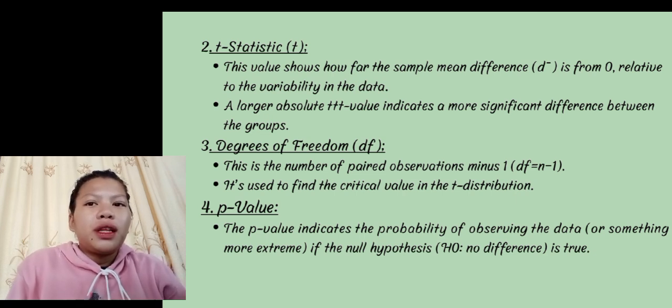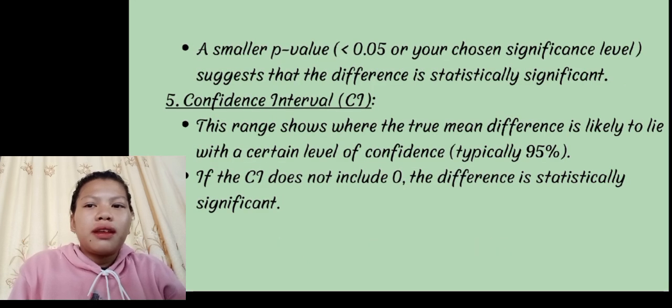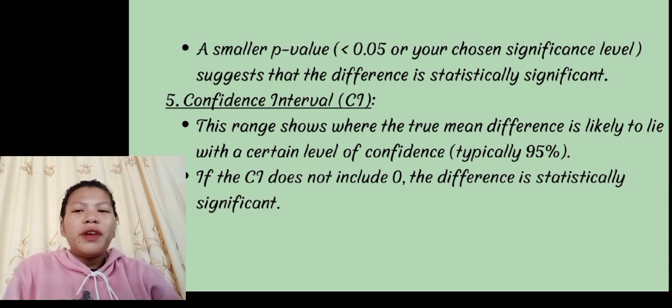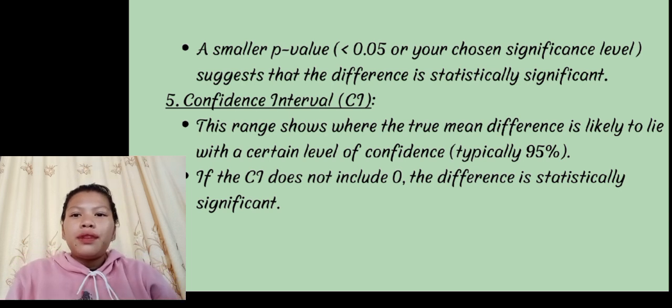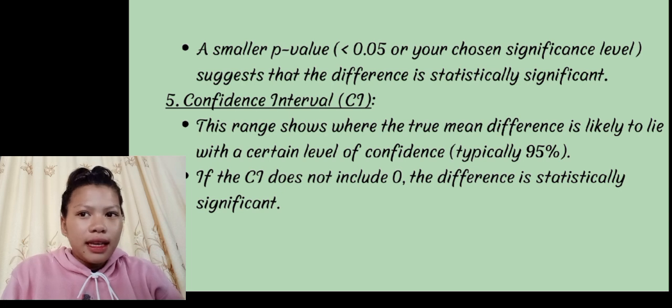A smaller p-value, below 0.05 or your chosen significance level, suggests the difference is statistically significant. 5. Confidence interval. This range shows where the true mean difference is likely to lie with a certain level of confidence, typically 95%. If the CI does not include 0, the difference is statistically significant.